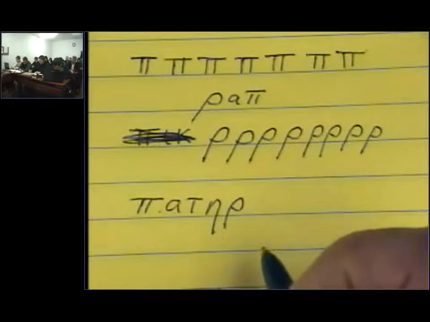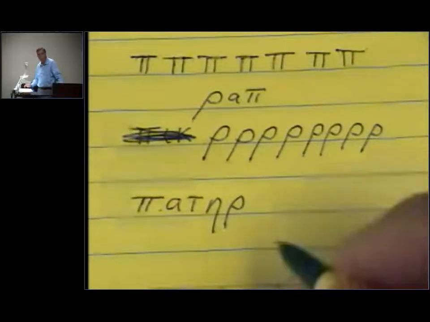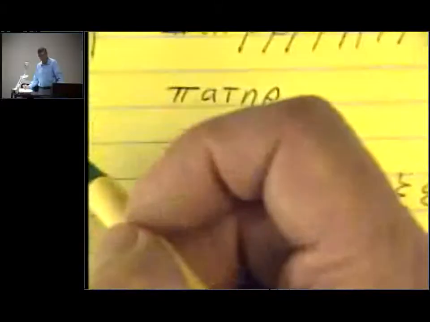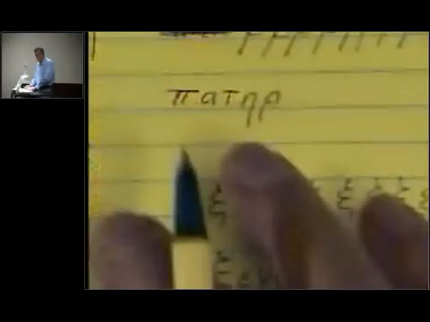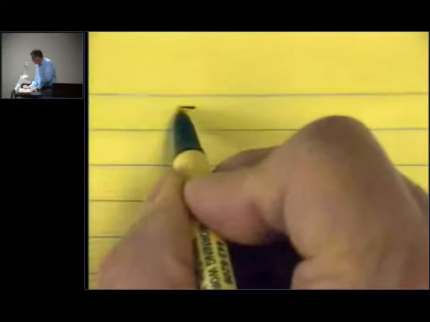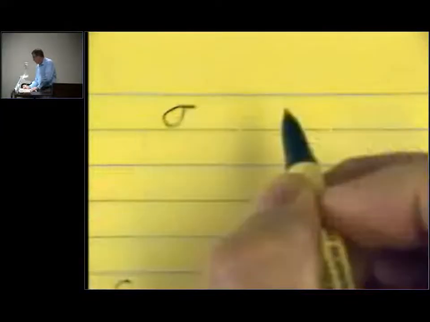Okay, so now we have sigma. Now this letter is different because it has two forms. Let's start at the top. This is the form of the letter if it's at the beginning or the middle of a word.